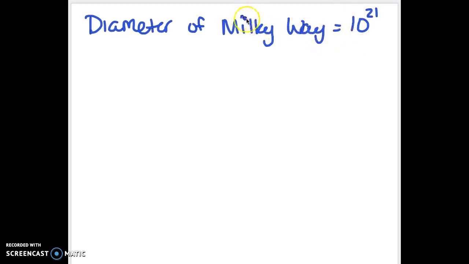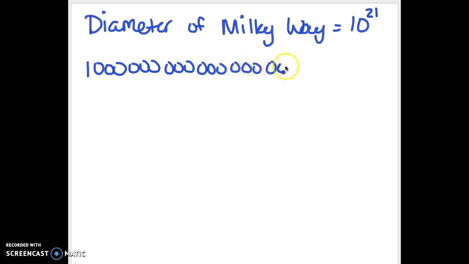So if you had to write out what number that would be, you would have a 1 and then 21 zeros. I don't even know what number that would be. Really big. Okay? So 1, 2, 3, 4, 5, 6, 7, 8, 9, 10, 11, 12, 13, 14, 15, 16, 17, 18, 19, 20, 21. So that's the diameter of our Milky Way galaxy, and that's actually in meters. Okay? So just a fun little fact there for you.